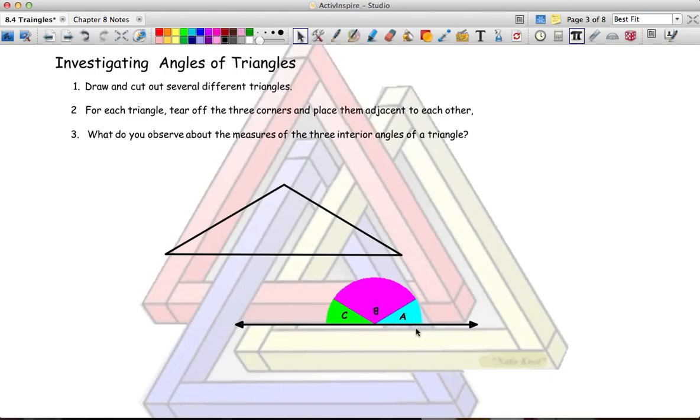Since they make a straight line, I know that A plus B plus C has to equal 180 degrees. So that means all the angles in a triangle have to equal 180 degrees.